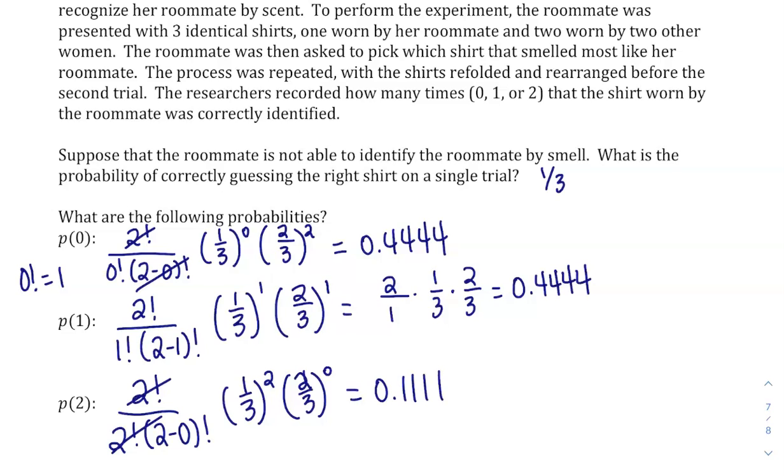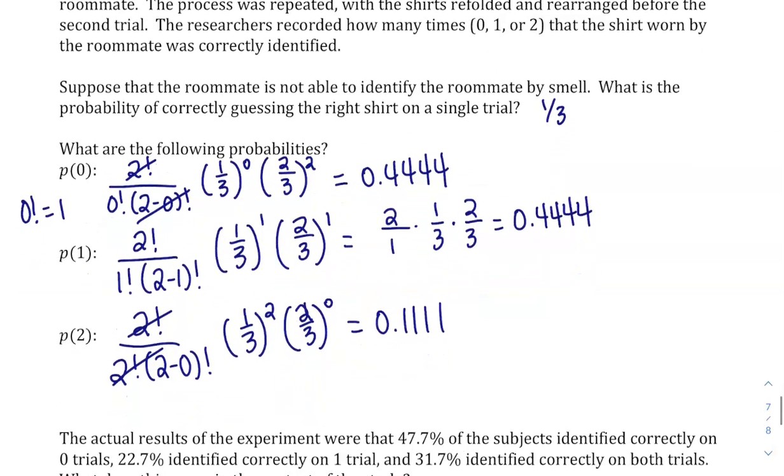So randomly guessing, the probability that she would never identify the right shirt or identify it 1 out of the 2 times is 0.4444, and 0.1111 is the probability that just by guessing she would correctly identify both. This is kind of a preview of what we're going to be doing next section when we look at how proportions behave. If she was randomly guessing, she would only identify the shirts both times 11% of the time.